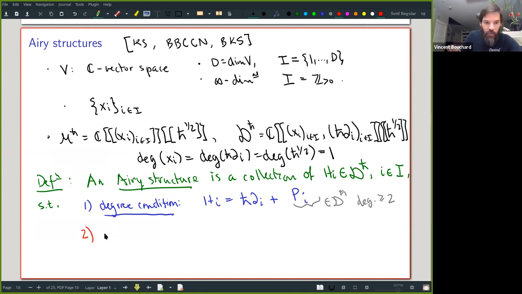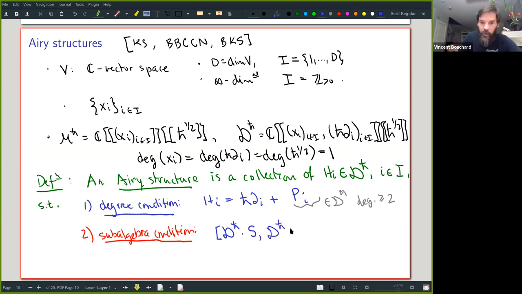And the second condition is what we call the subalgebra condition. This is a condition on the differential operators, which is that I call S the set of differential operators H_i, with i running from 1 to d or positive integers. If you take the left ideal generated by this set, and you commute any two elements of this left ideal, then this is inside the left ideal again, but multiplied by h bar.